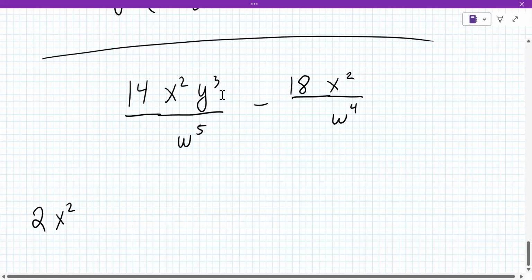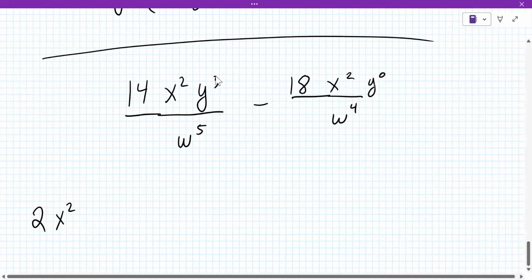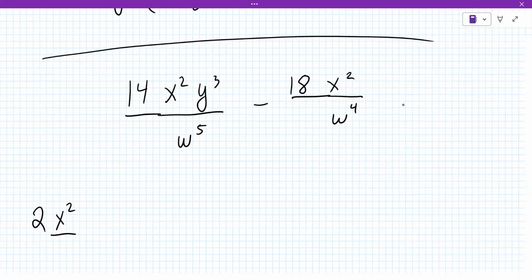Y cubed. It's the smaller one. If there's really a y to the 0 here, which is the smaller exponent, 3 or 0? A 0. And there's a reason it's not there. It's because it doesn't contribute. So there's nothing for the y's. How about the w on the bottom? And then the w is w to the 4th.